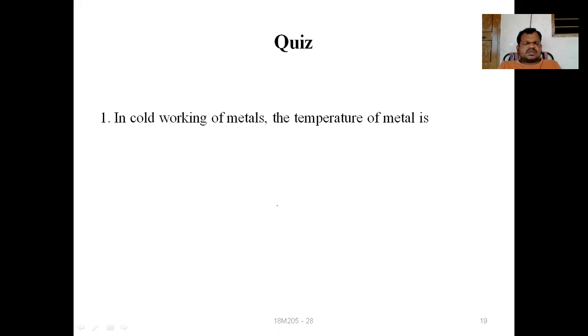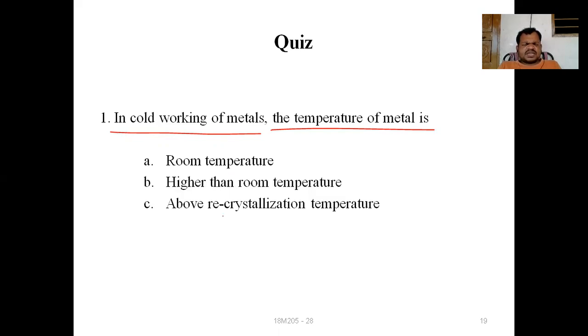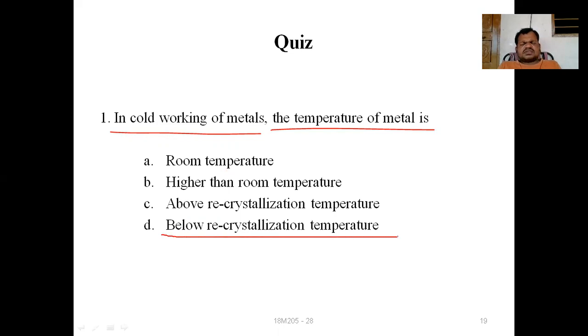In cold working of metal, the temperature of the metal is: room temperature, higher than room temperature, above the recrystallization temperature, or below the recrystallization temperature. So in the cold working process, we produce below the recrystallization temperature.